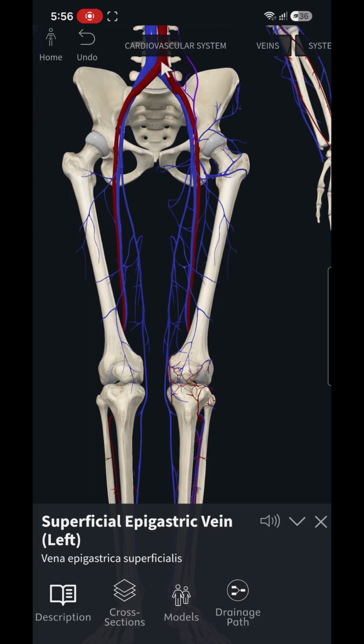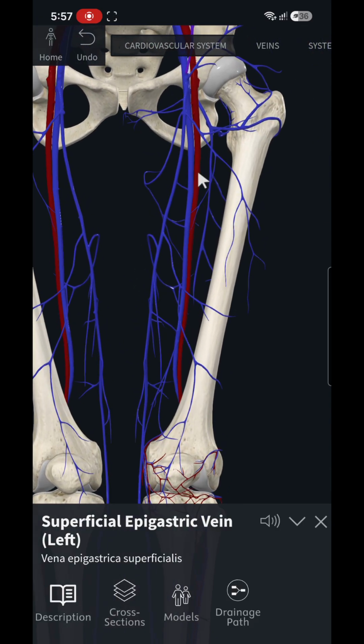The abdominal aorta divides into two common iliacs. The common iliac gives the internal iliac and then the external iliac. And then right below the inguinal ligament, the external iliac becomes the femoral artery. And this is where the arterial supply of the lower limb starts.